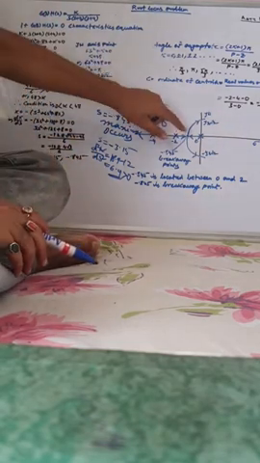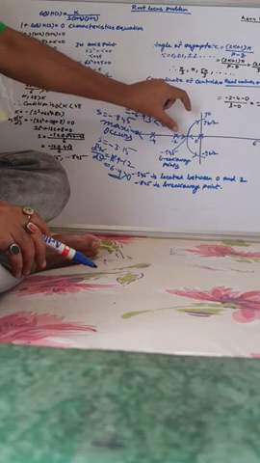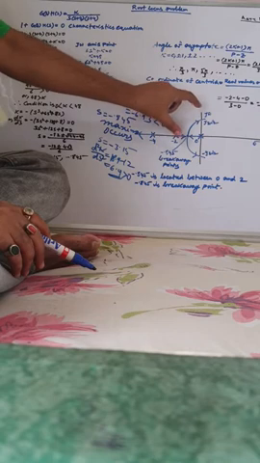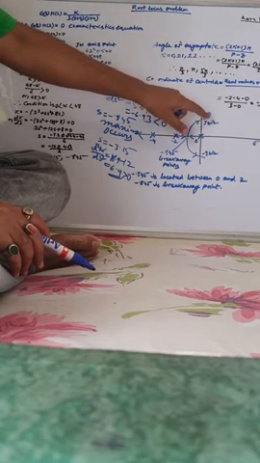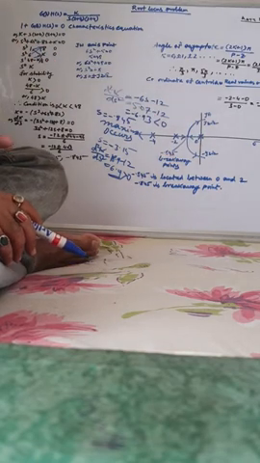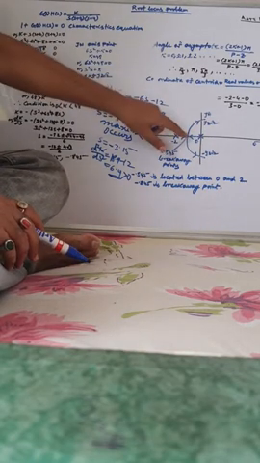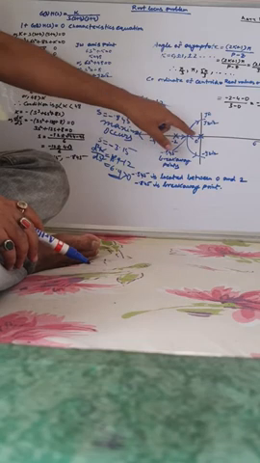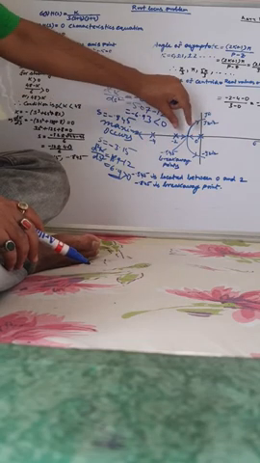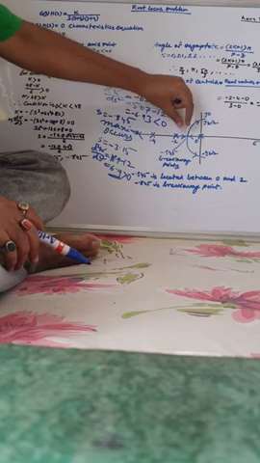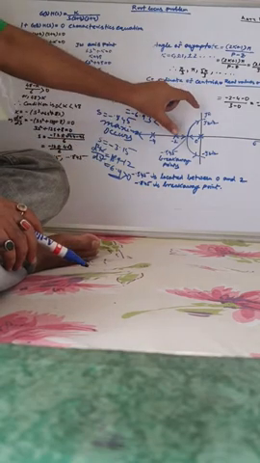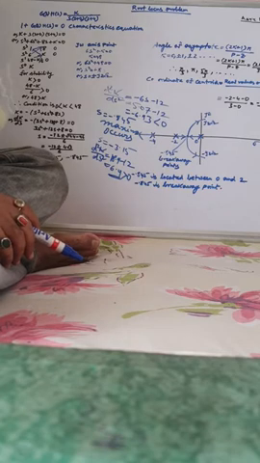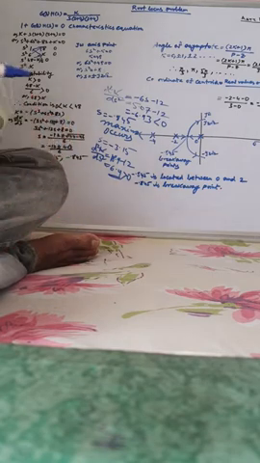Starting from the breakaway point, two branches leave the real axis and cut the j omega axis at the points j 2 root 2 and minus j 2 root 2. The breakaway point lies between 0 and minus 2 because these two real axis branches are meeting at this point, and leaving the real axis, the two branches automatically cut the j omega axis at j 2 root 2 and minus j 2 root 2.